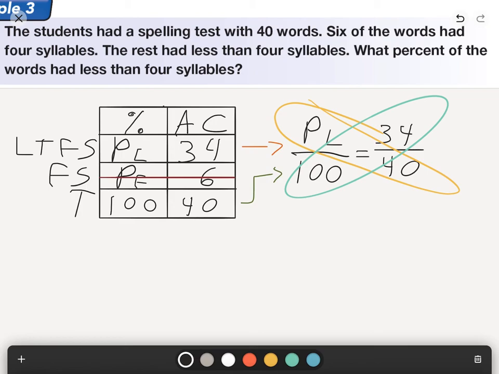Then that gets me to 40 times the percentage of less than 4 syllables equals, and I like these percentage ones because then you just basically have to take this and add 2 zeros. Gets there pretty quickly. And then I can see right here, I can divide each side by 10.